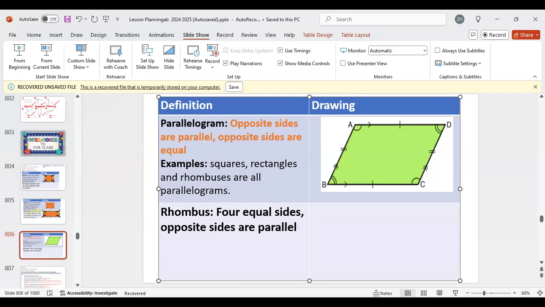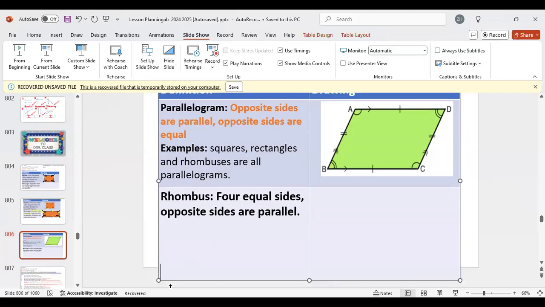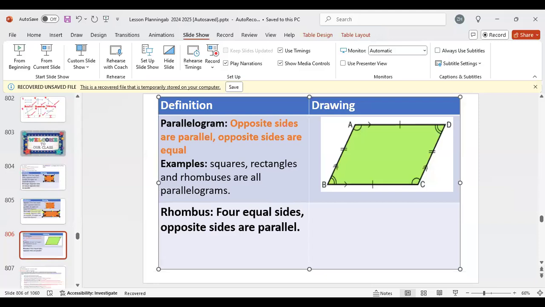There's only one example of a rhombus that we know by name, and that would be the square. So a square is a rhombus. Just remember that.